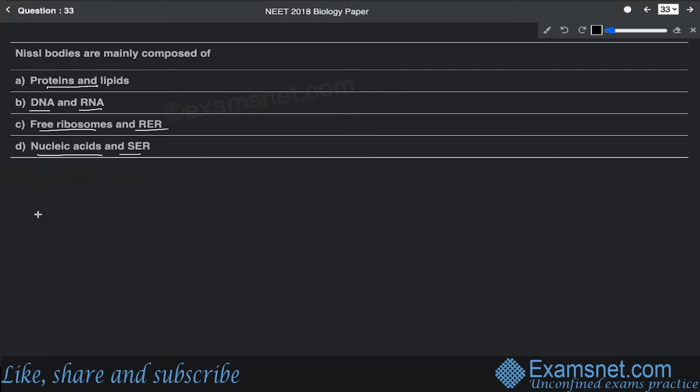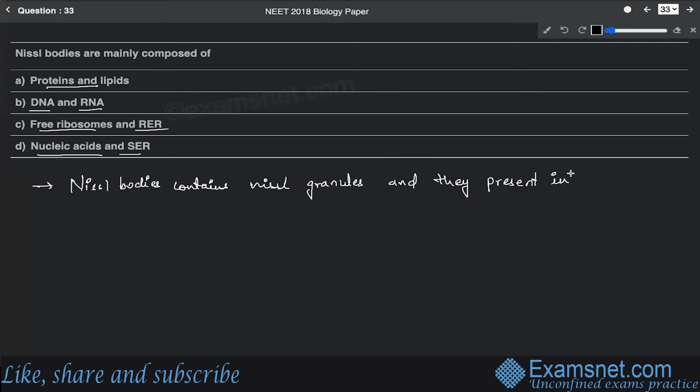All right. And we can write that Nissl bodies contain Nissl granules, and they are present in the cyton, which is also known as the cell body of neurons.